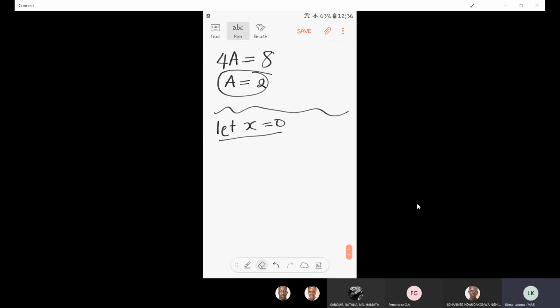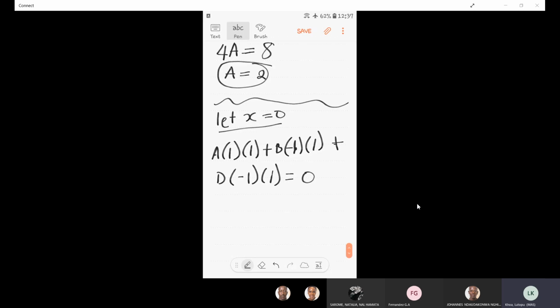So I will have a times 1 plus b times minus 1 and 1 plus d times minus 1, 1, and this is equal to 0, because all the terms on the right are multiplying by x, and x is 0.